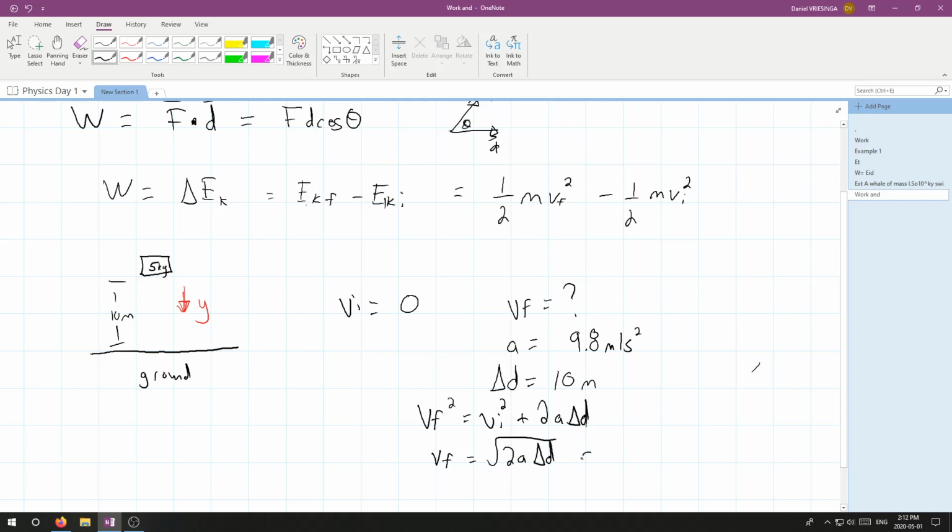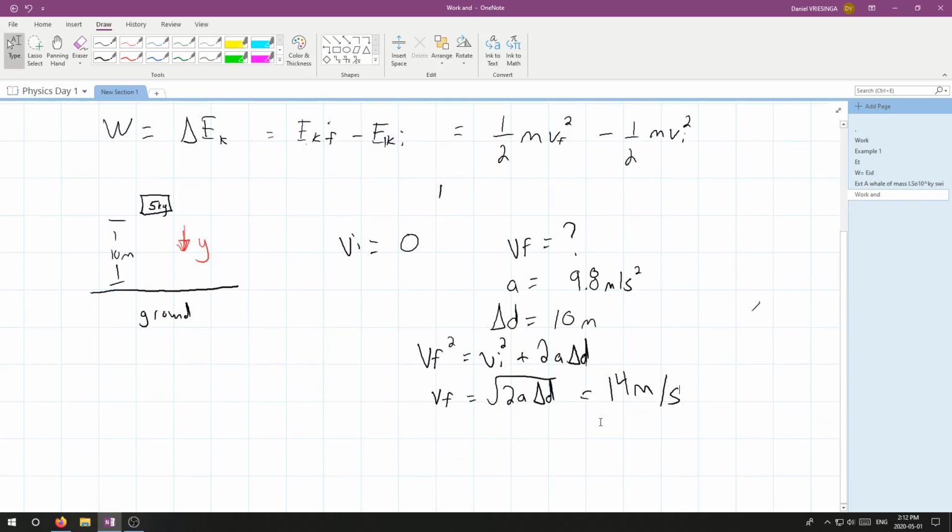I know those numbers: 2 times 9.8 on my calculator times 10, square root that. This actually works out to be a nice number, which is no fluke, because I designed the question. So when it hits the ground, it's going 14 meters per second, the instant before it hits the ground.